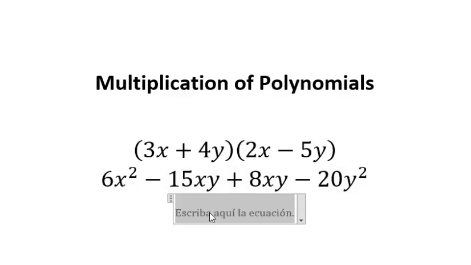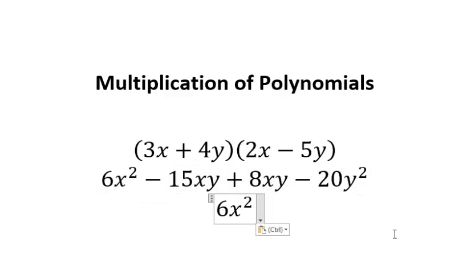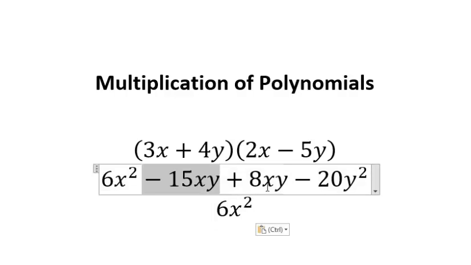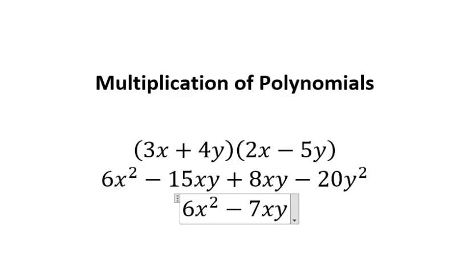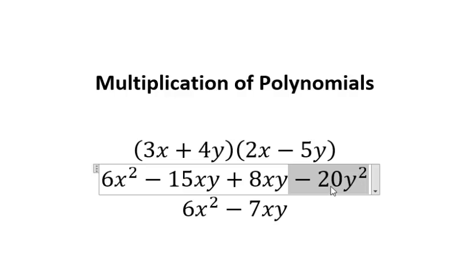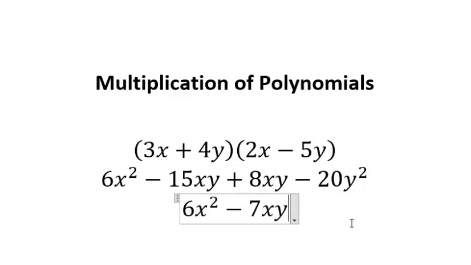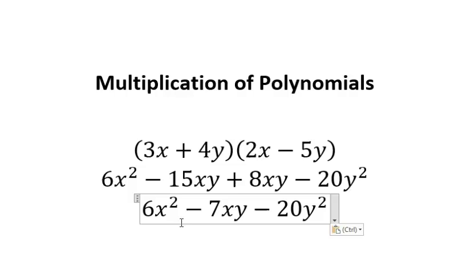So I'm going to copy 6x squared because there's no one to work with it. And I'm going to simplify minus 15 plus 8. Minus 15 plus 8 will be negative 7. And I'm going to copy the type, which is xy. Okay. And I'm going to copy minus 20y squared because I don't have anyone to work with.